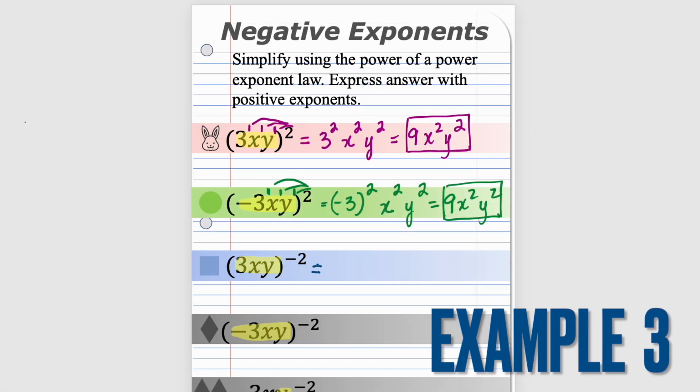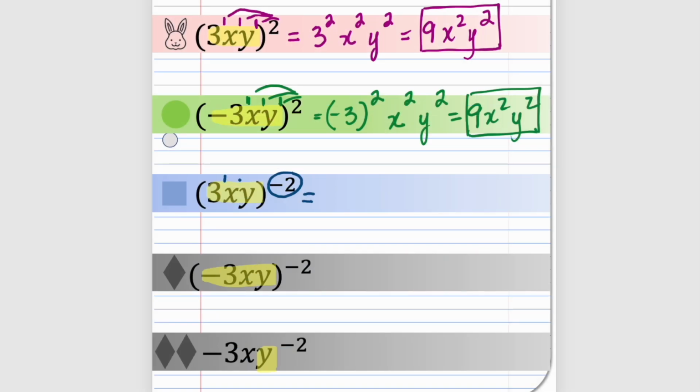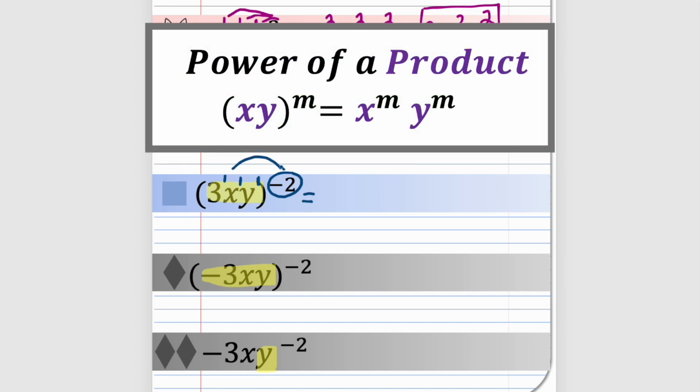Now here we have a negative 2 as the exponent. Again, inside all of these exponents are 1, and we can apply our power of a product rule right away.